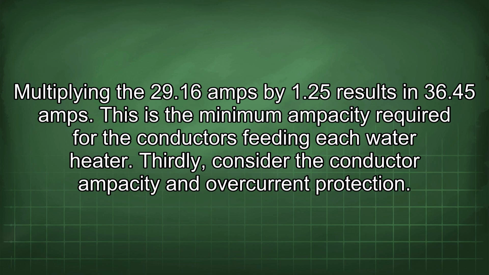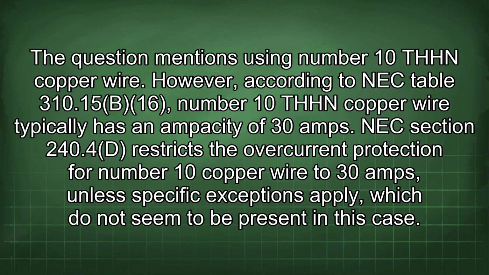Thirdly, consider the conductor ampacity and overcurrent protection. The question mentions using number 10 THHN copper wire. However, according to NEC Table 310.15(B)(16), number 10 THHN copper wire typically has an ampacity of 30 amps.